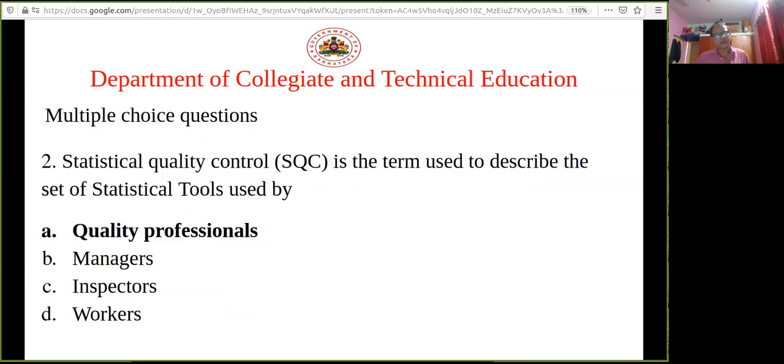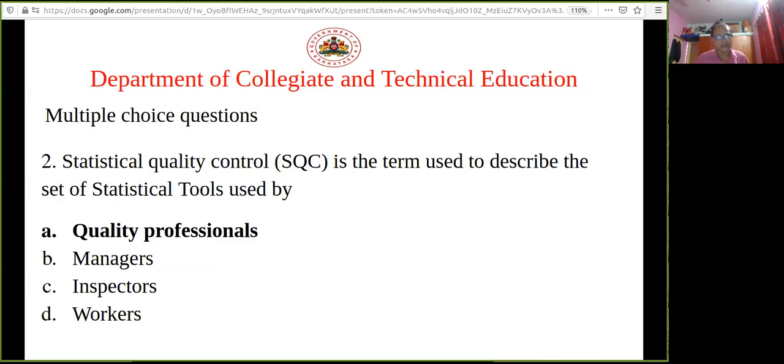The second multiple choice question: statistical quality control is a term used to describe the set of statistical tools used by. There are four options: quality professionals, managers, inspectors, and workers. Statistical quality control tools are used only by quality professionals. They will not be used by the managers, the inspectors, or the workers.